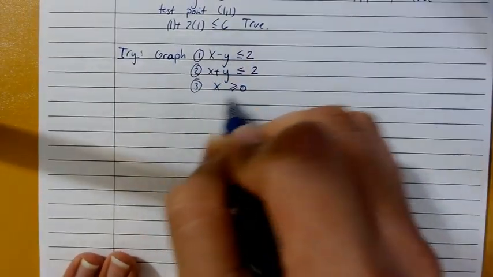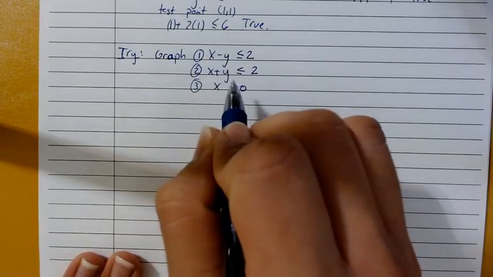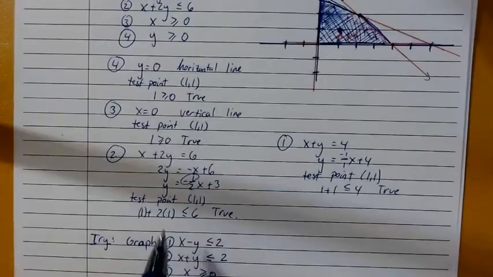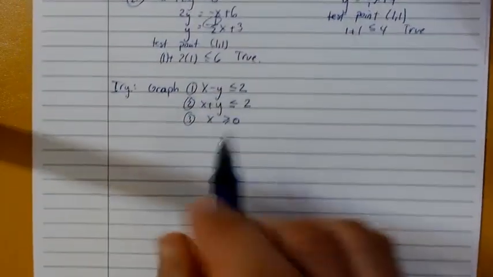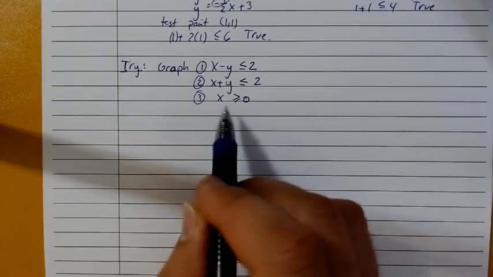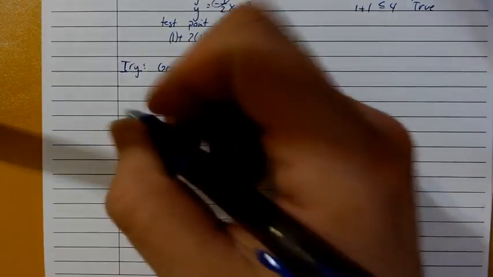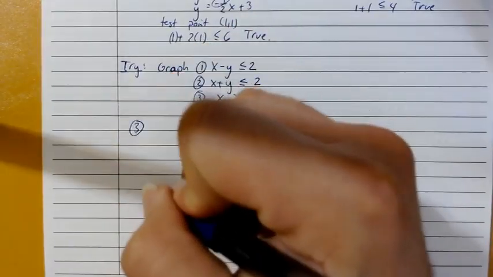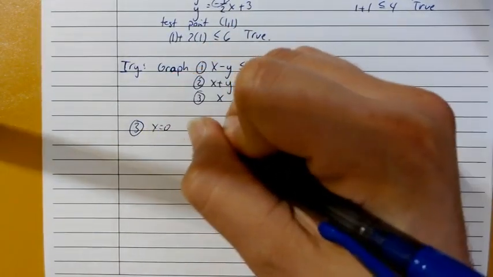This first, let me start with the last one because it is the simplest. In fact, it's the one we saw already. Whenever you have x equals to a number, that's a vertical line. And in this case, x equals to 0, that's a vertical line through the origin. All right, so x equals to 0.